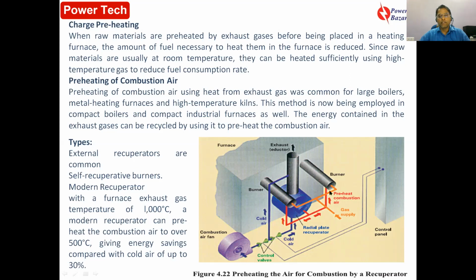This orange line is my gas supply, this is my hot air supply, and this is my cold air supply. The cold air is supplied to the waste heat recovery device, which is the recuperator here, and it is heated up by utilizing the heat of the exhaust flue gas.